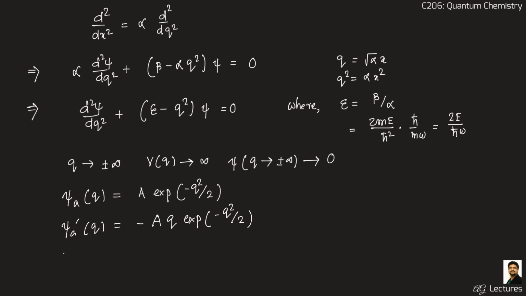Then we can write down A double prime of q is equal to A q² exponential of minus q² over 2 minus A exponential of minus q² over 2.